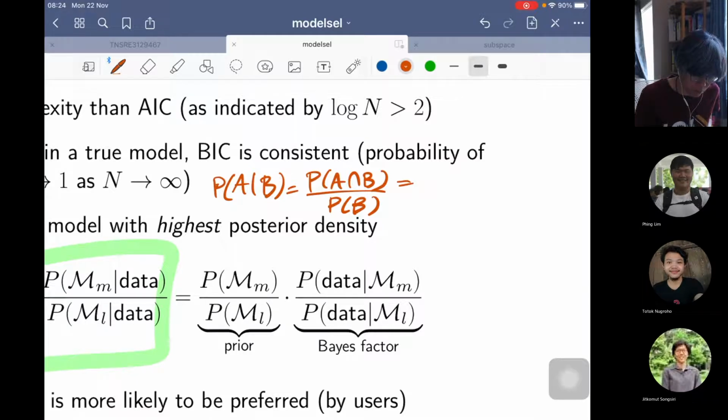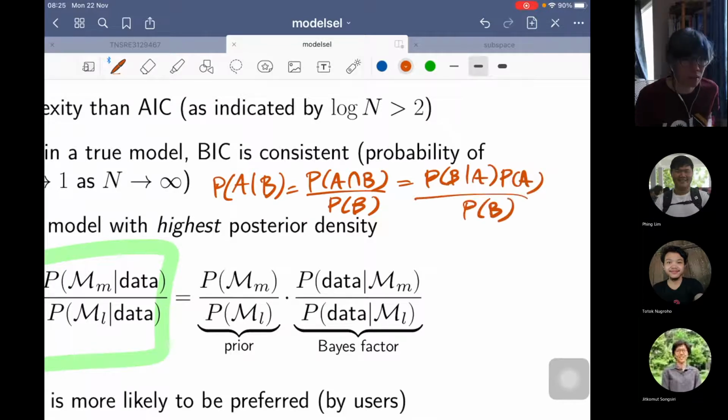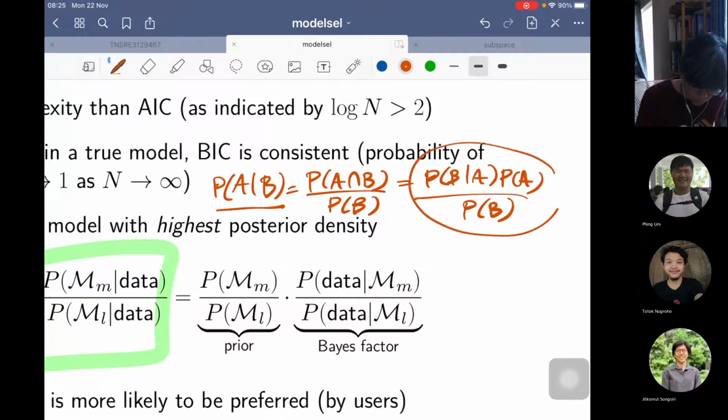The conditional probability of A given B can be rewritten as the probability of B given A and so on.